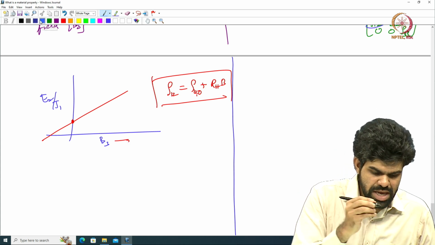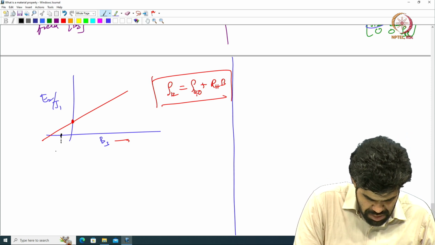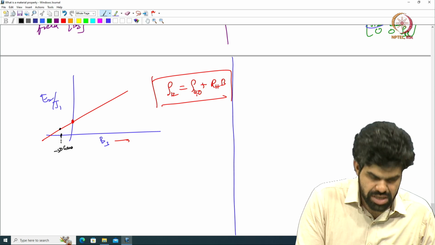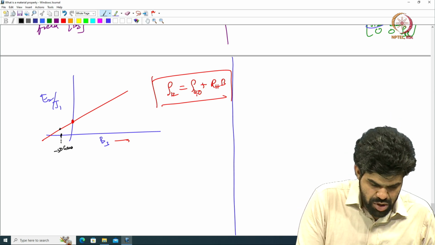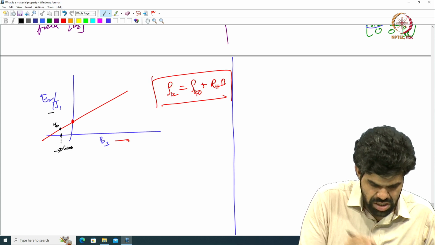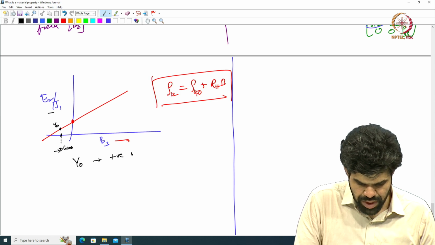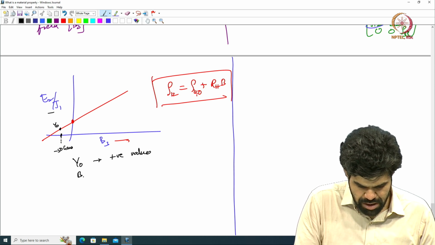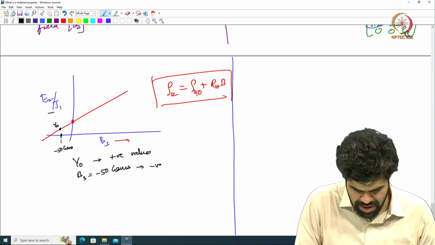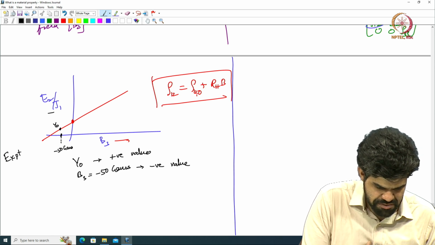So if I apply a magnetic field of this magnitude, let us say minus 50 Gauss, in a non-isotropic material I am going to measure E2 by J1 whose value is this, and I am going to call it some Y naught. Okay. Now, Y naught is a positive value, B that I am applying is minus 50 Gauss, that is a negative value. This is some experiment conducted in a physics lab.